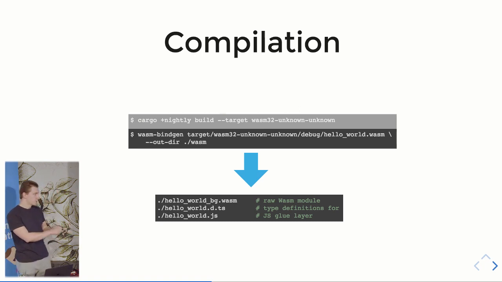The second file is a definition file, so if you would like to import your WASM module into a TypeScript project, you will have a definition file and you are ready to start using it. And of course, the JavaScript file that actually contains all the glue that allows two code types to cooperate.